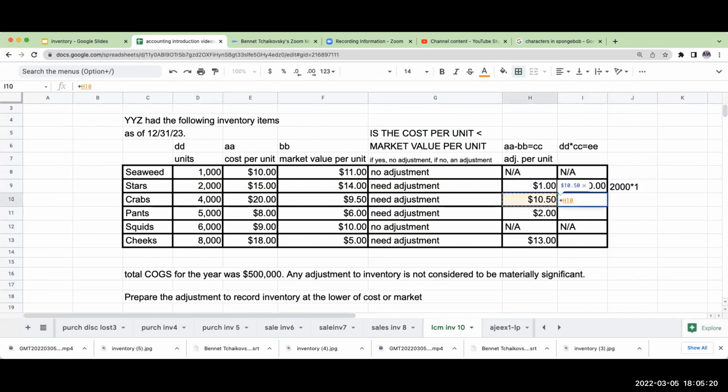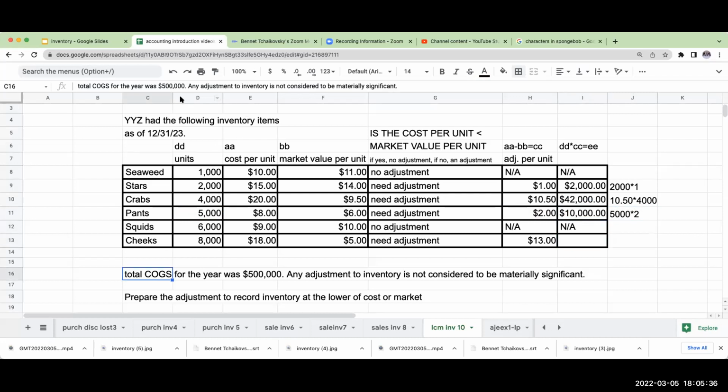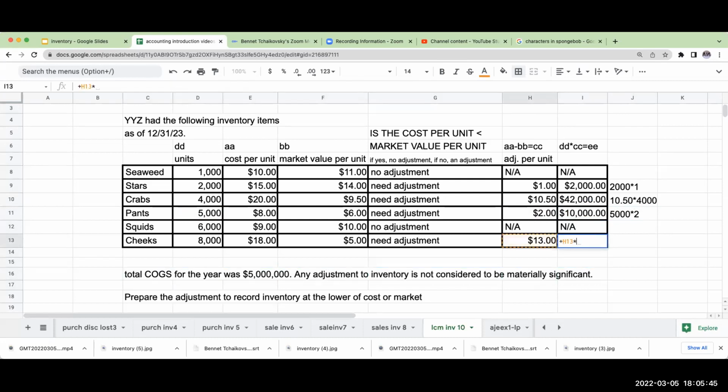Over here, I'm going to take 1,050 and multiply that by 4,000. Over here, I'm going to take 5,000 times 2, or 10,000. And then for cheeks, I'm going to take 13 times 8,000.